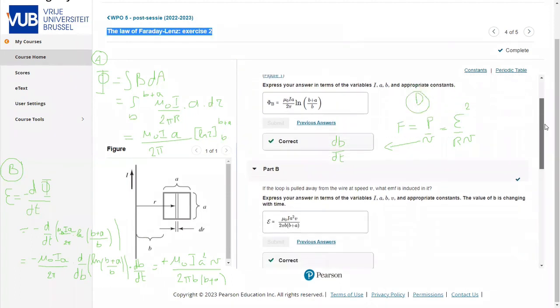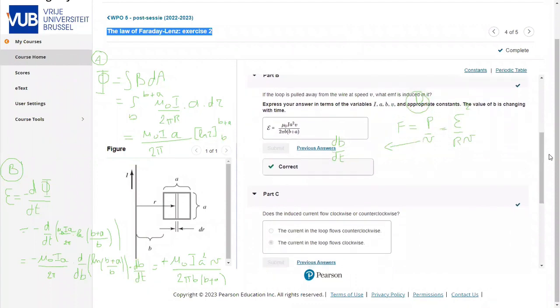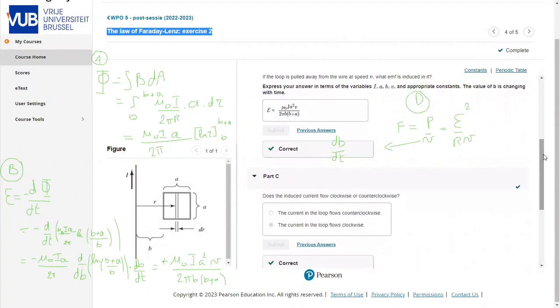For B, you just have to do like this. It's much longer, but I try to write it in the short form. Basically, you have to base on this first equation.